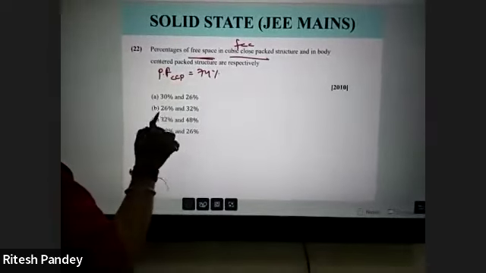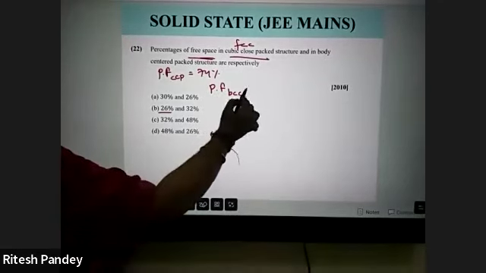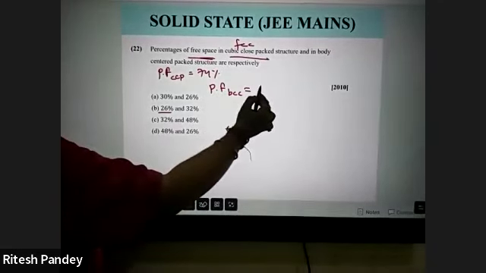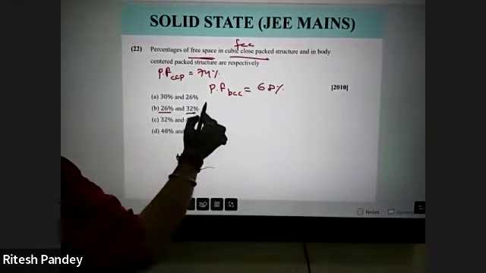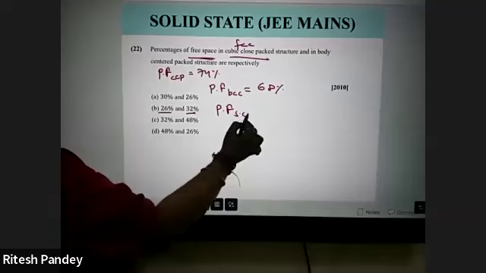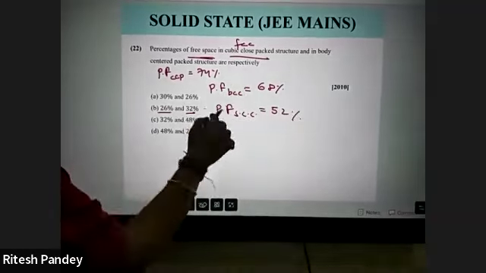So the empty space is 26%. For a body-centered cubic, I would have derived it to be 68%. So empty space is 32%. For simple cubic, naturally this was 52%. Have these numbers at hand.